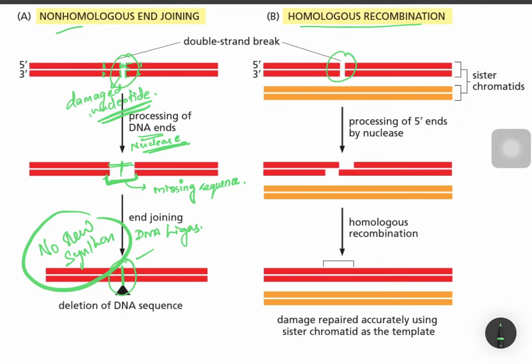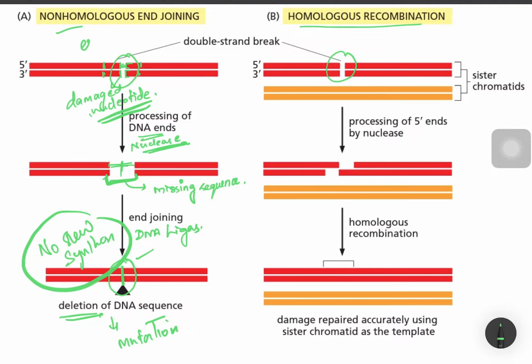So are you thinking that this is an effective method of ligation, that is, of repairing? No, because of course some DNA sequence deletion is occurring, which itself can be a chance of getting mutation in future.